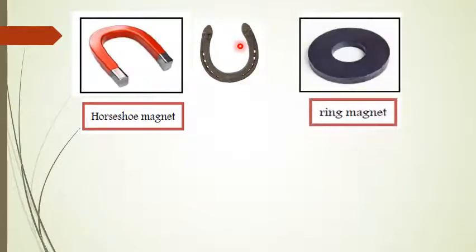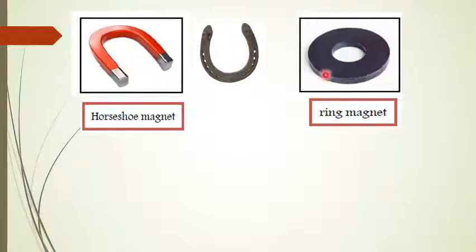The other type is the ring magnet, and we will find the ring magnet along with another type of magnet that I'm going to show you right now. You will find it in the bags that are closed by magnets.